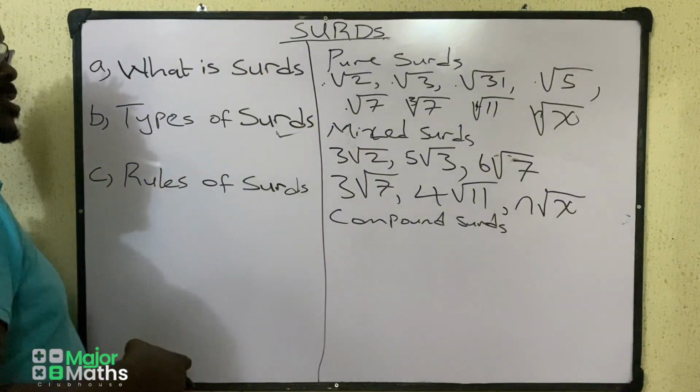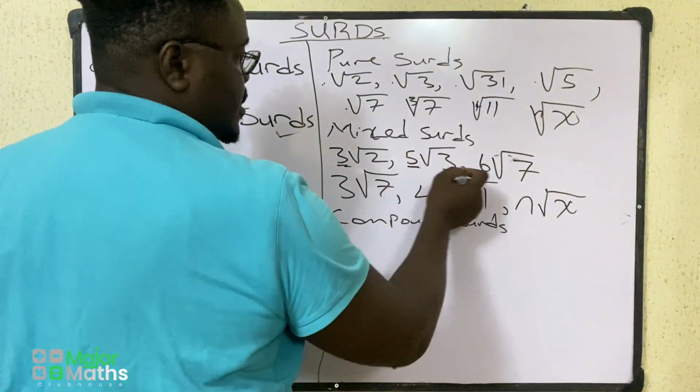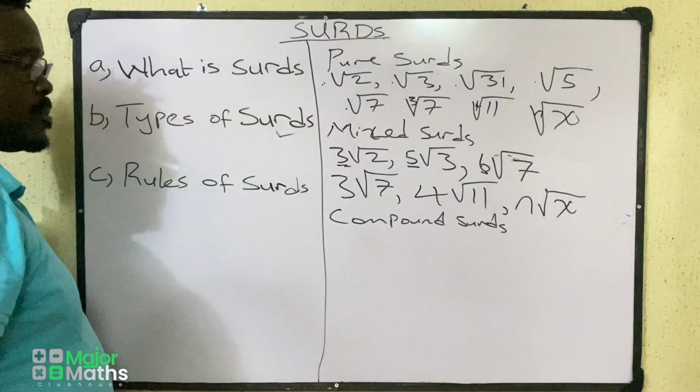I intentionally brought this so you can see that there's an accompanying coefficient, accompanying integers, accompanying numbers.